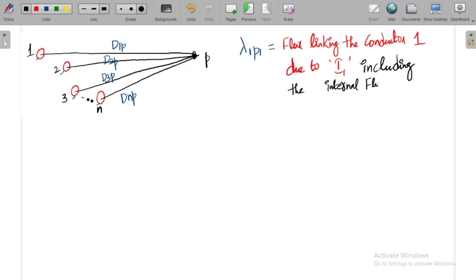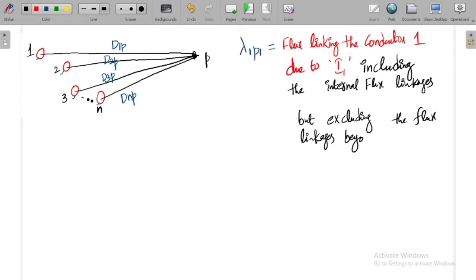Now lambda 1P1 is the flux linking conductor 1 due to I1. I am considering this flux as the summation of internal flux as well as external flux, but the external flux is considered up to the point P. That is the reason why I kept a distant point P, or a boundary.